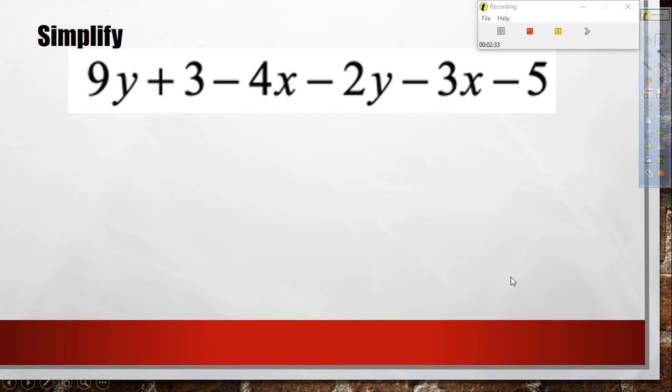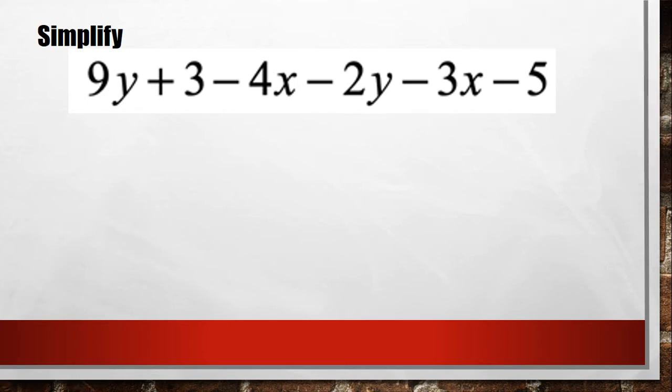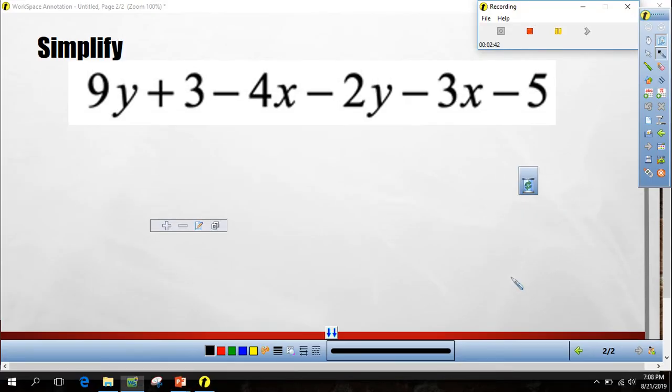So let's work this one out together. We are going to simplify, and we have 9y plus 3 minus 4x minus 2y minus 3x minus 5. So I'm starting with the y, so you can start with the y, or you can start in alphabetical order and start with the x. It doesn't matter as long as you're keeping the similar terms together.